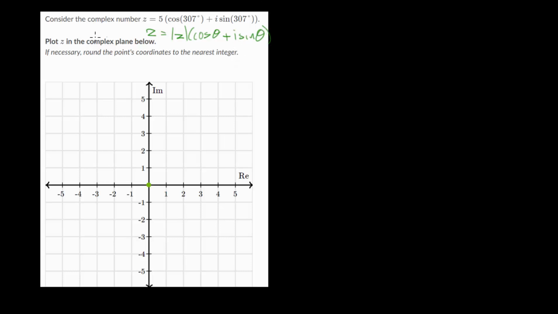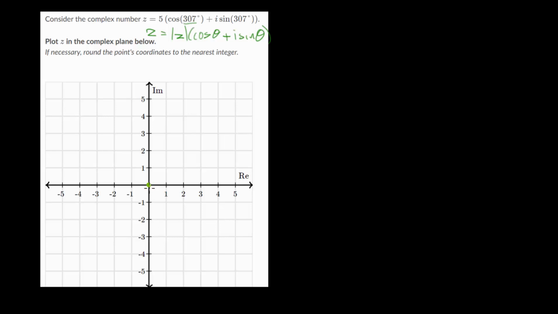And for this problem, we essentially need to plot our complex number z based on its magnitude and its direction, this angle of 307 degrees. We can get a rough idea of where it should be since it's almost a 360-degree angle, but slightly less than that.